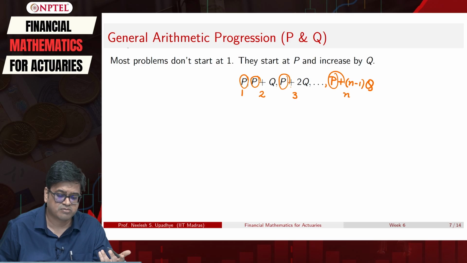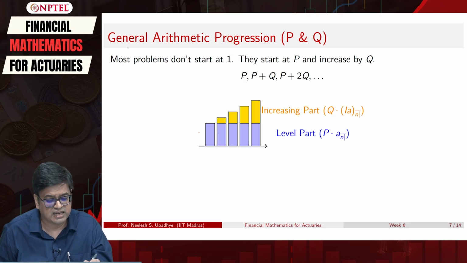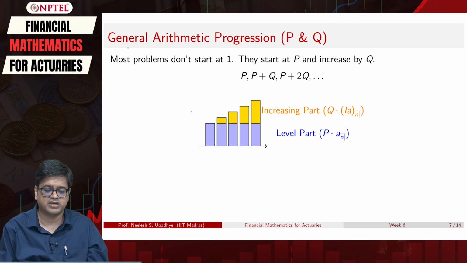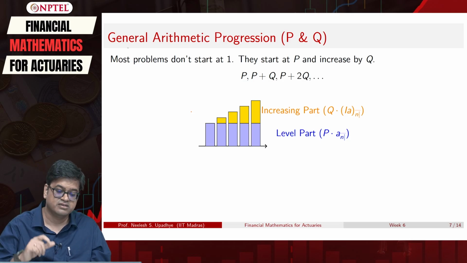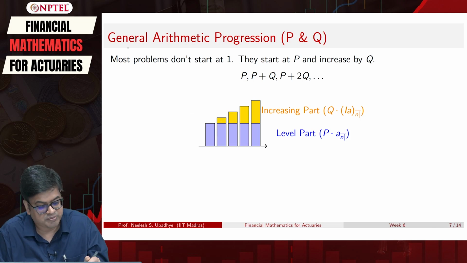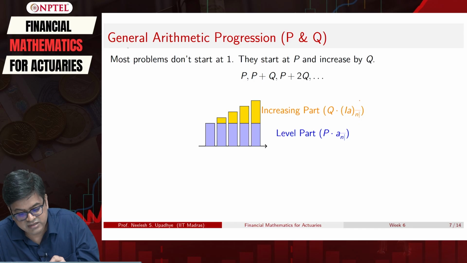So what will be the formula? This is simply the level part. It is a level annuity, no increase is happening here. On top of that you have this increasing part, okay. And now this increasing part you may tend to write as IA angle n.